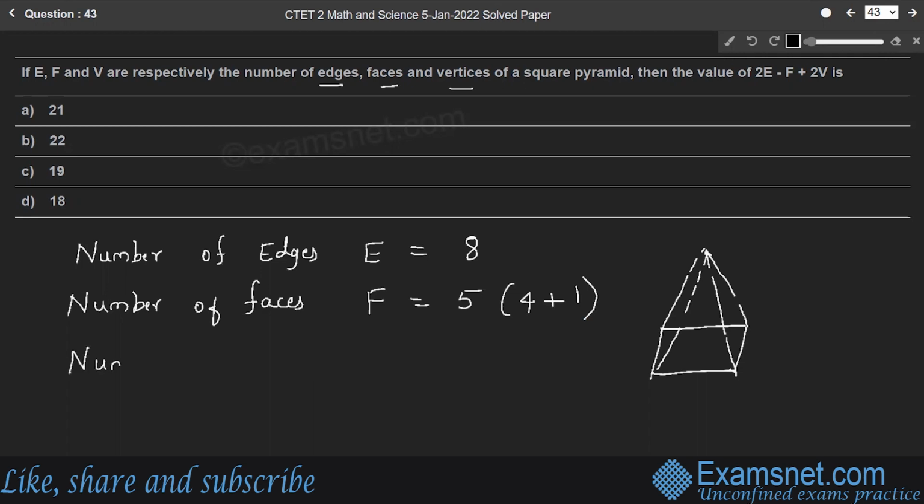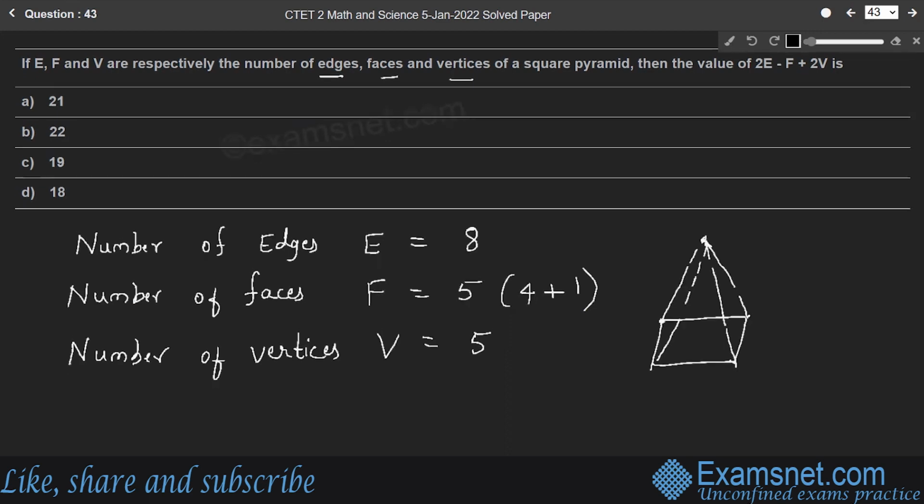Number of vertices V is equal to 5. Again 4 plus 1: 4 of the square and 1 at the top.